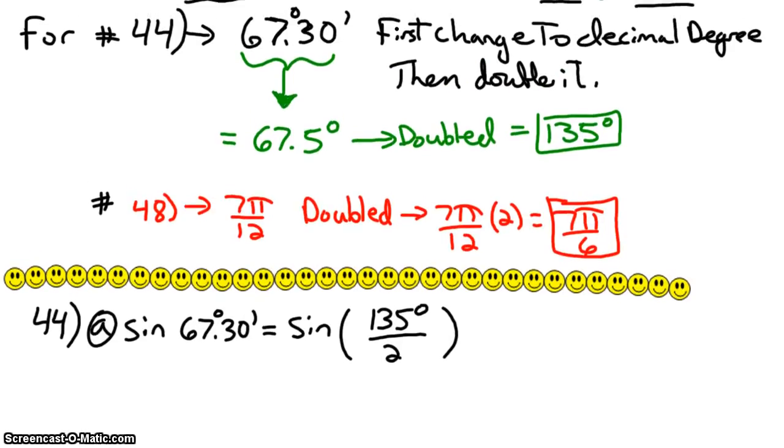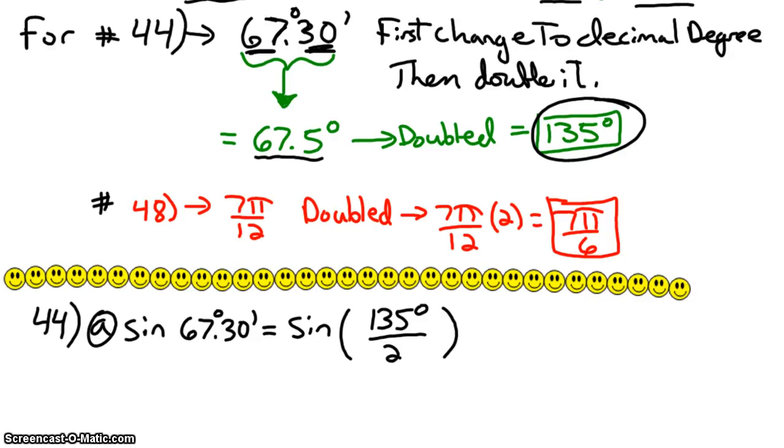The 67 degrees is going to need to be processed as a decimal. So I have my 67 degrees and my 30 minutes. That really is nothing more than 67.5 degrees. And when I double it, I get 135 degrees.